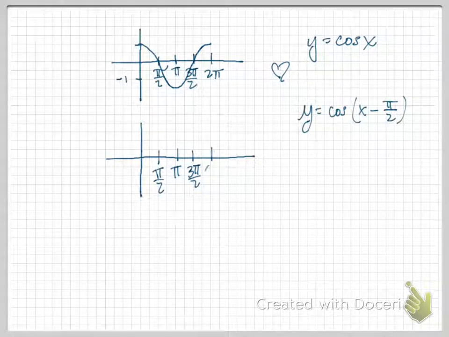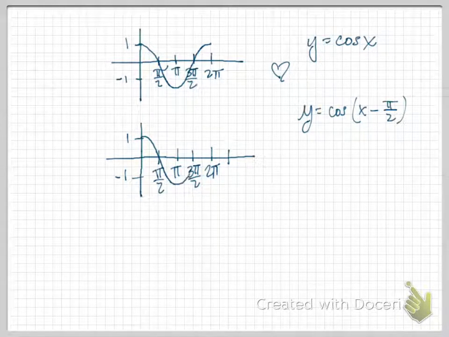Okay, so if I have to move everything to the right, I definitely want pi over 2 units over past 2 pi. And also, the amplitude doesn't get affected, so we don't have to worry about that. Okay, so the original function, cosine x, which I already have drawn for you, looks like that.